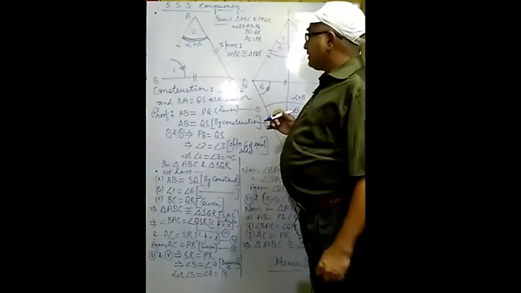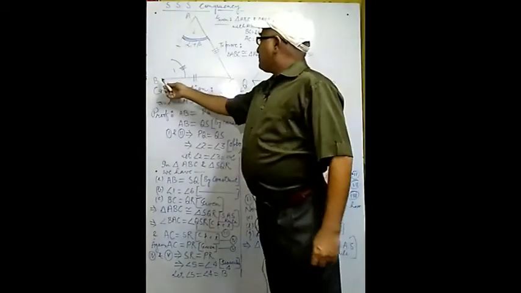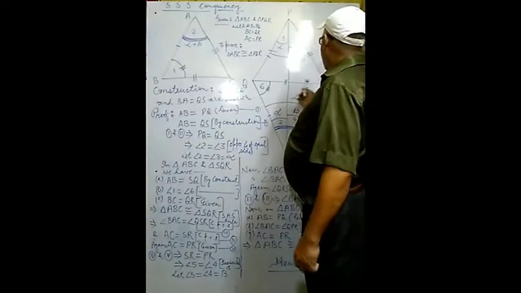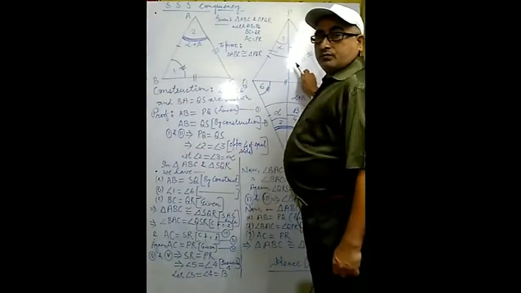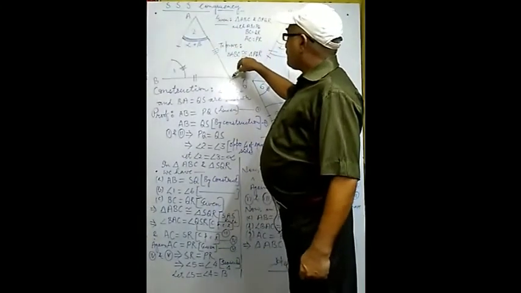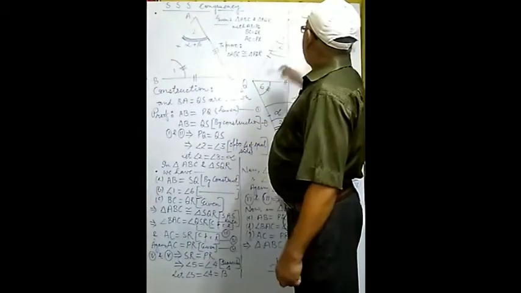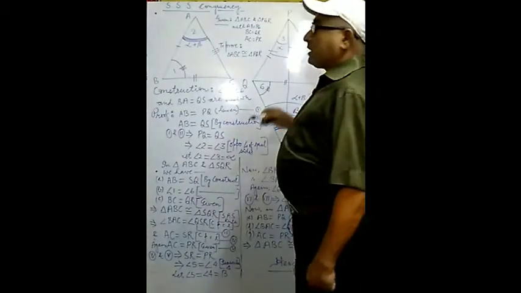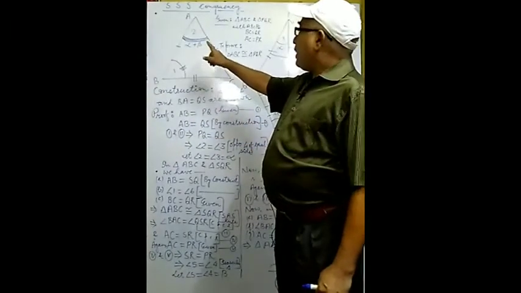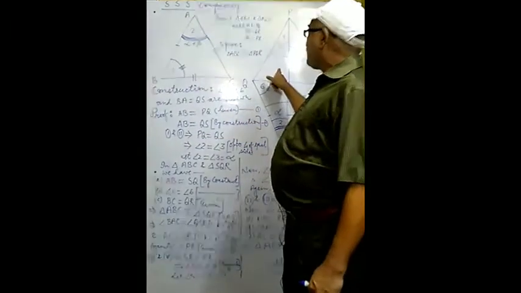Again, BC of the first triangle is equal to QR of the second triangle. And what is the third piece of information? AC of the first triangle is equal to PR of the second triangle. Now we have to establish congruency between this triangle and this one.